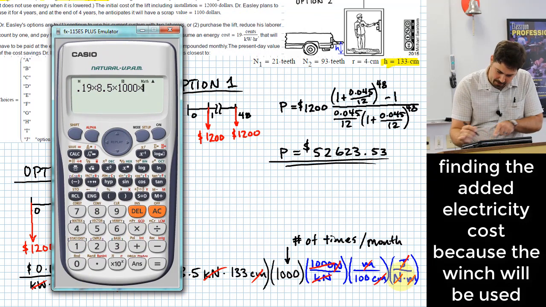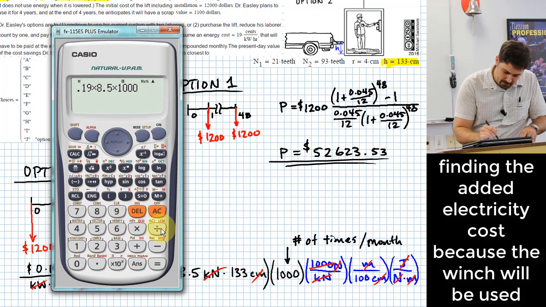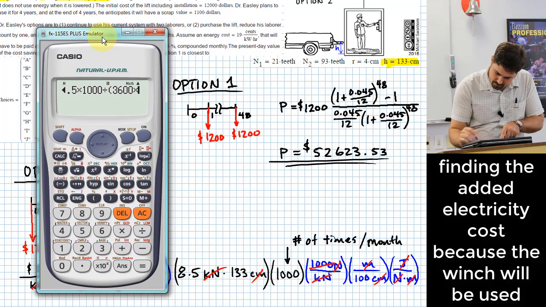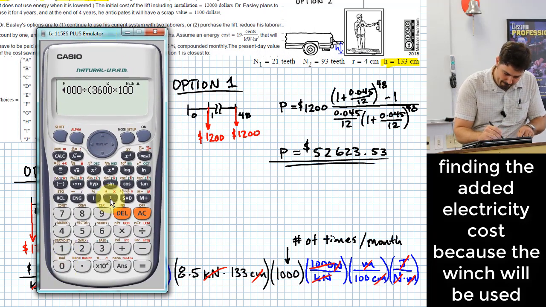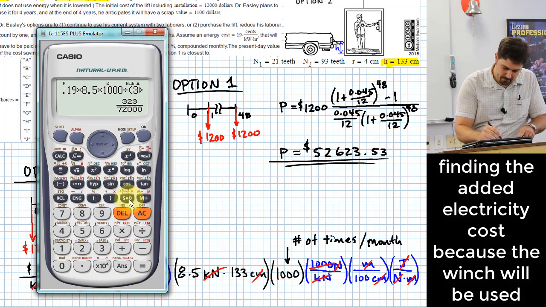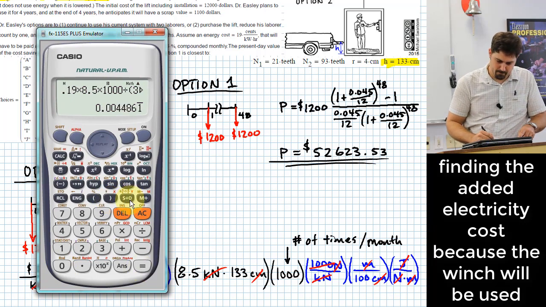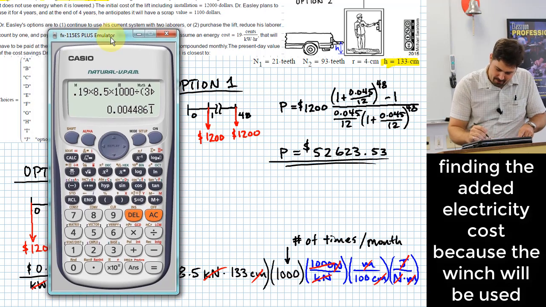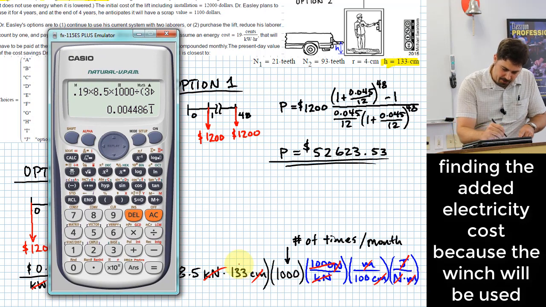Divide this by what I have in the denominator, 3,600 times 100. Oh, I missed one. I knew I missed one. What else did I miss? Yeah, the 133 that I had there at the beginning.